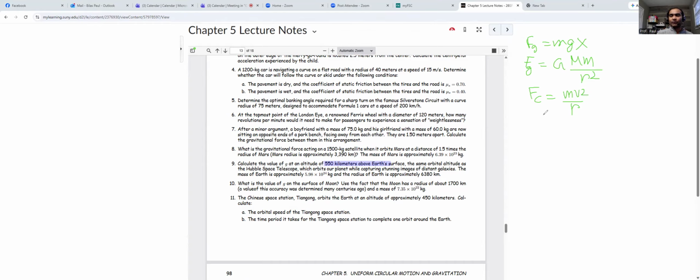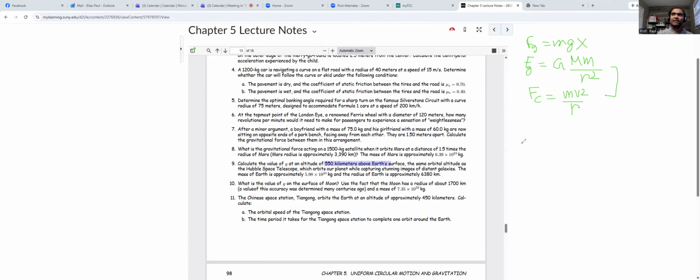When we need to calculate v, we need these two equations. When a satellite orbits around some planet, the gravitational force is actually the centripetal force.